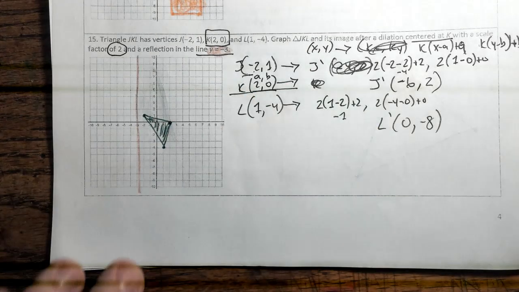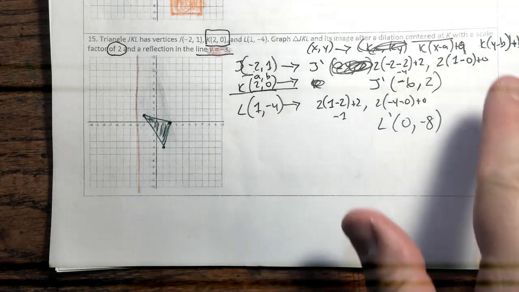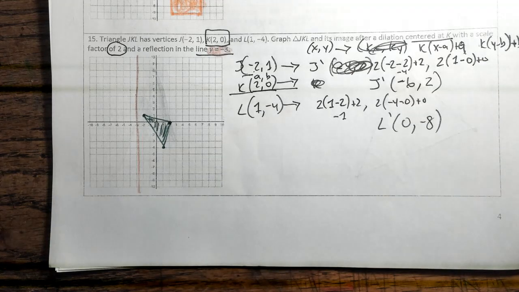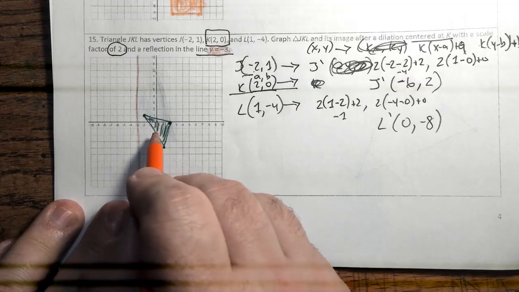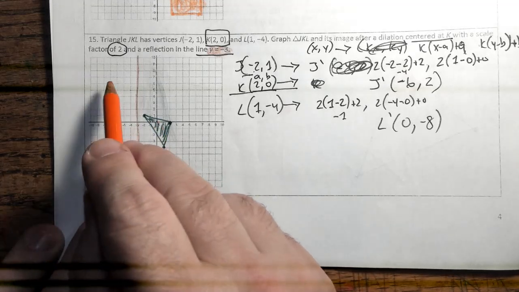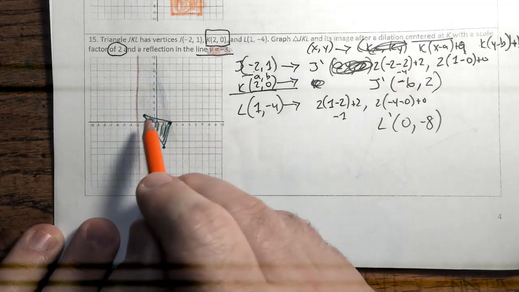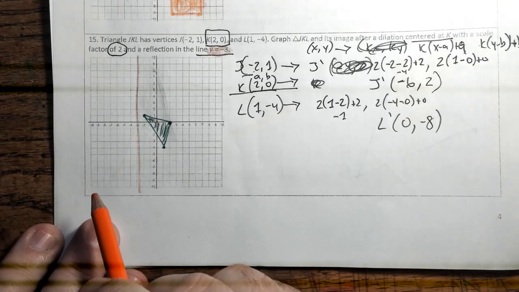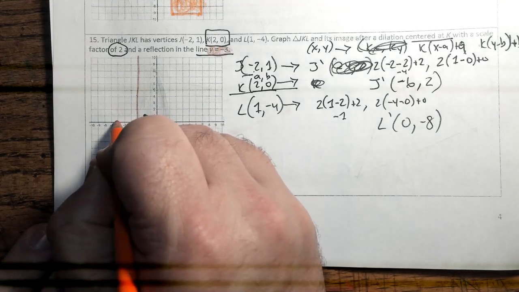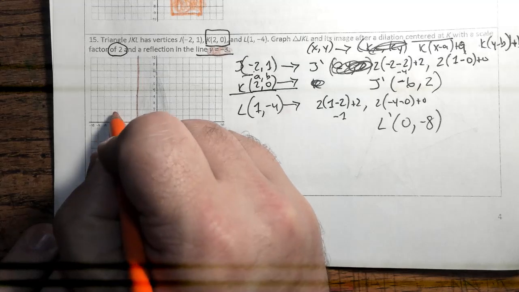All right, so we started out there. Now we got to blow it up. So the J, and notice we're going to cross this line. So wherever it is here is going to be here. That triangle is going to be sitting kind of strange. All right, so J, negative 6, positive 2, 1, 2.